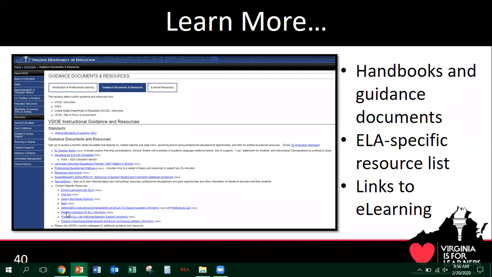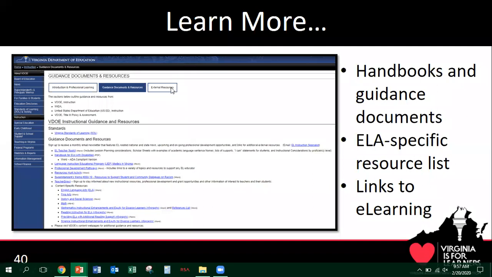So there's a reading instruction for ELs infographic that provides strategies and ways to really enhance our instruction for English learners. And then there's another one that is specific to providing English learners with additional reading support. So even within a literacy program, it might not be scripted for students to have peer interaction or to talk about what they're reading. But if it's for English learners, that has to be a part of their literacy instruction.